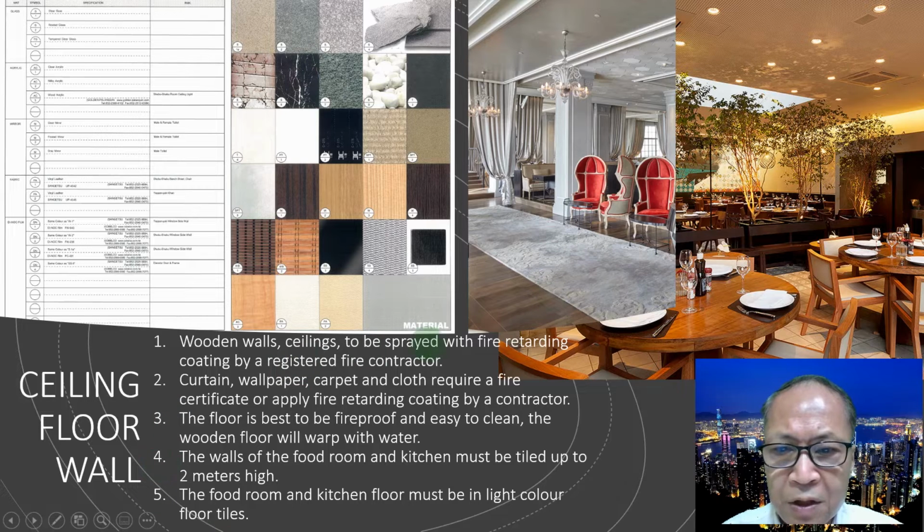The floor and ceiling are to be sprayed with fire retardant coating by the fire contractor. The curtain and the wooden wall have to be fireproof. And the furniture, the upholstery, the padding of the furniture also have to be fireproof.